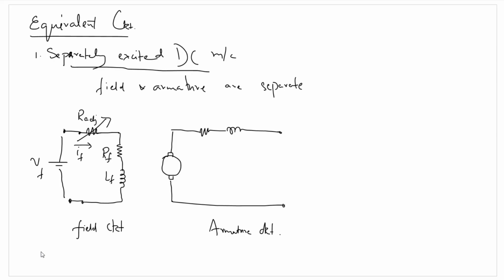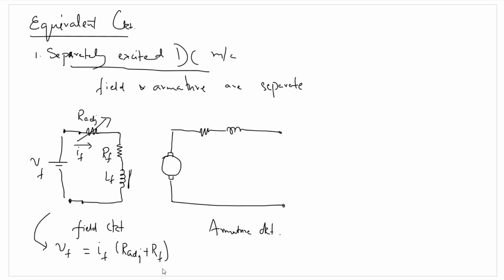Now since this current IF is a DC current, after steady state, this inductive component can be replaced simply by a short. So we can say the field equation is simply Vf is equal to If into (R adjustable plus Rf), current into resistance.